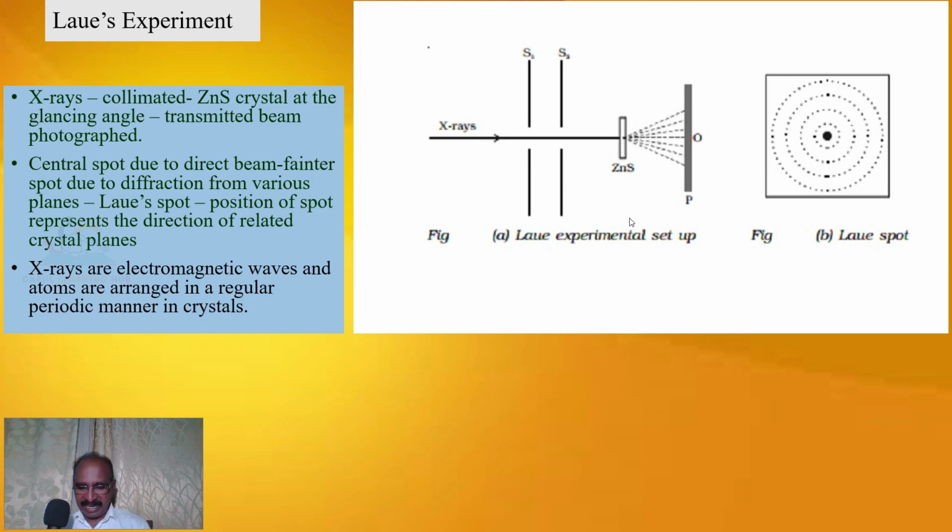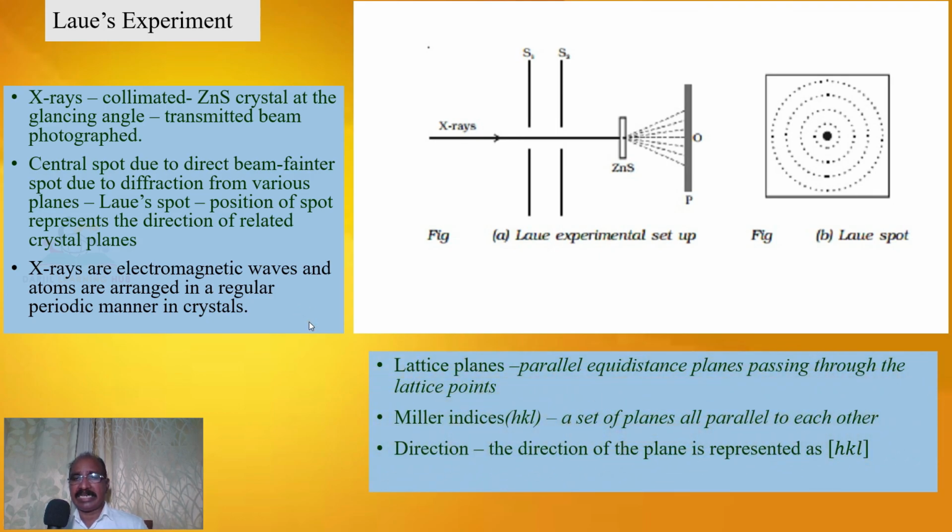So from here he could understand that X-rays are electromagnetic waves and atoms are arranged in a regular periodic manner in the crystals, and he found that the lattice planes are equidistant planes passing through the lattice. Miller indices are represented within the bracket as hkl. If it is placed inside a square bracket, it represents the direction of the plane. All these things could be explained by Laue's experiment.